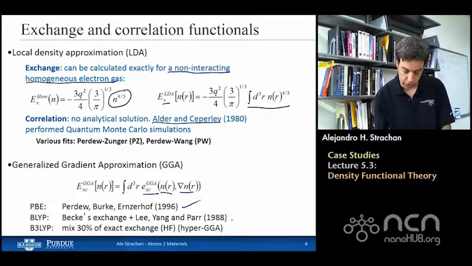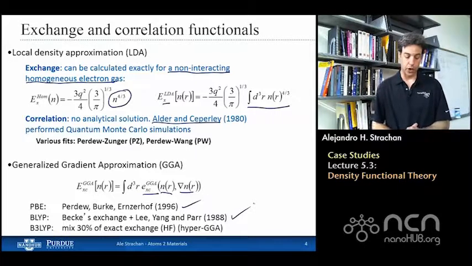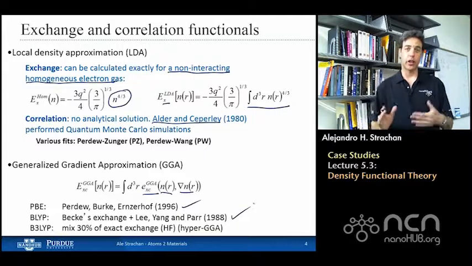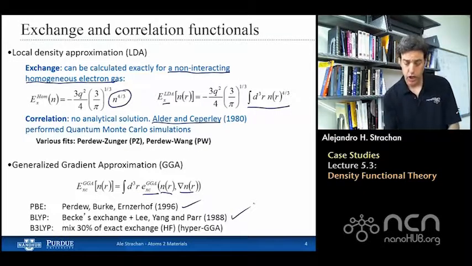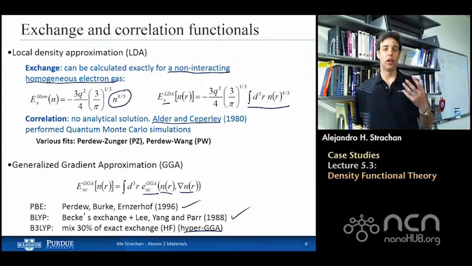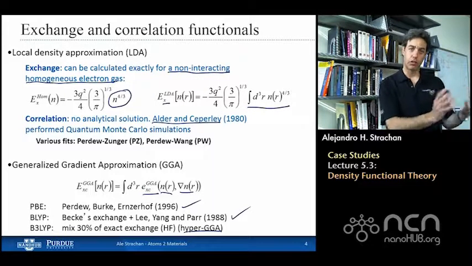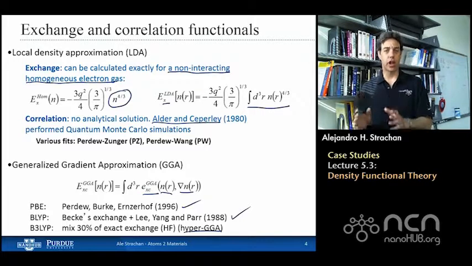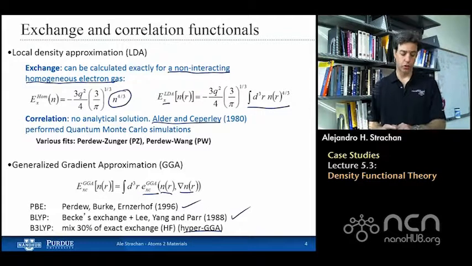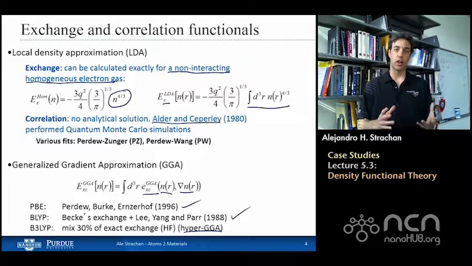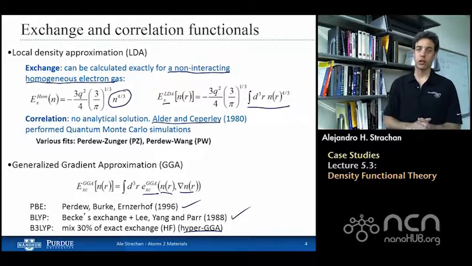Okay, here's a different class of simulations that are called hybrid GGA. They mix a little bit of GGA with exact exchange from Hartree-Fock. So if you remember, in Hartree-Fock we describe exchange exactly with the Slater determinants.